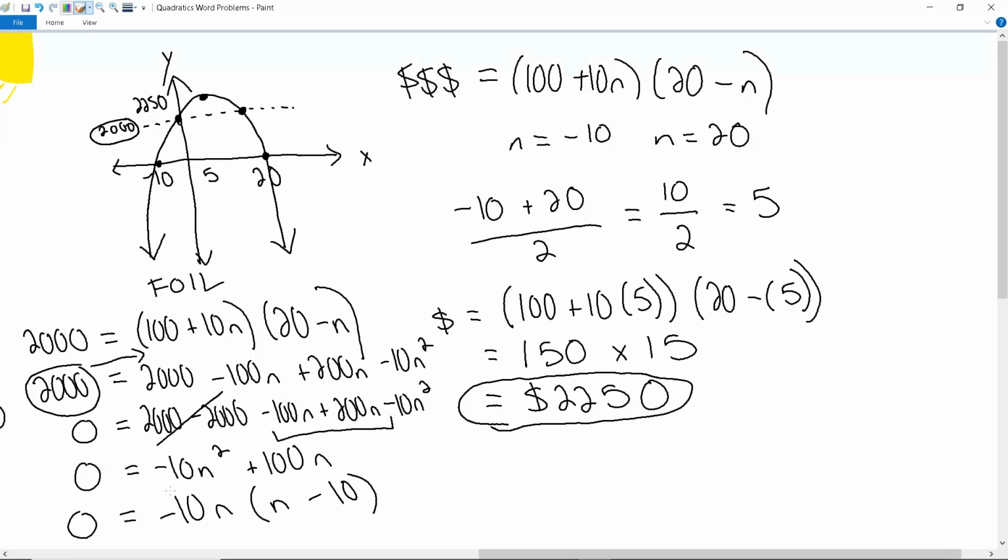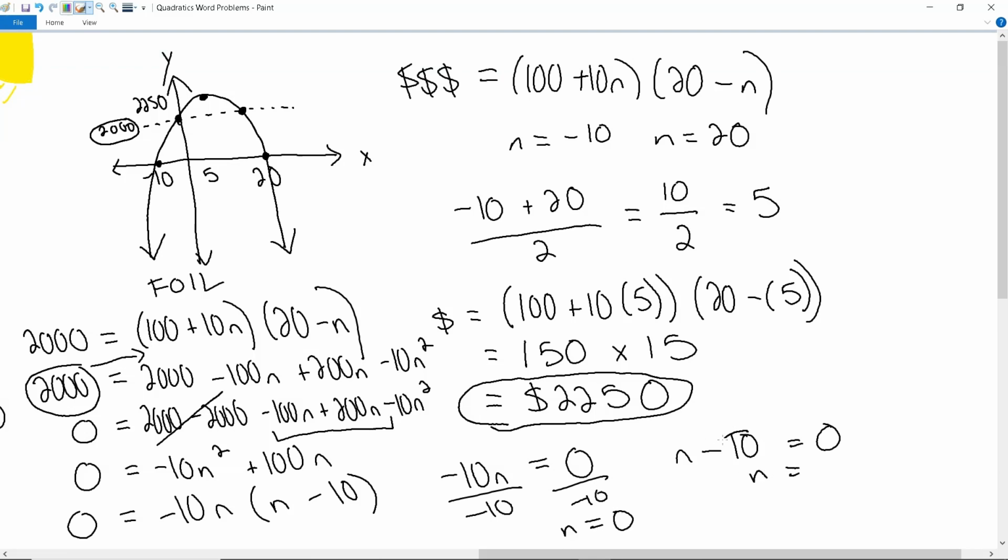So what does that mean? Well, we've actually created a new factored form here. So I'm going to set both of my n values to 0. We have a negative 10n, and we have an n minus 10. Here, all I need to do is divide out my negative 10, and n equals 0.